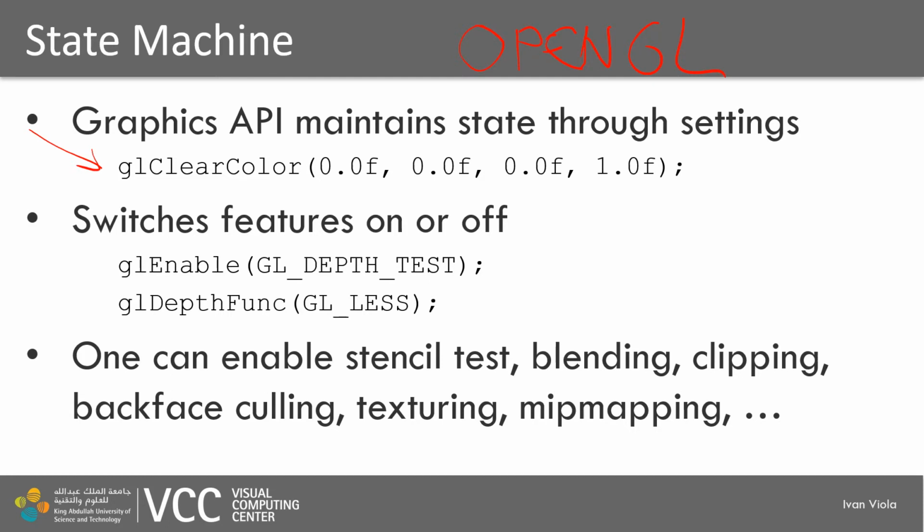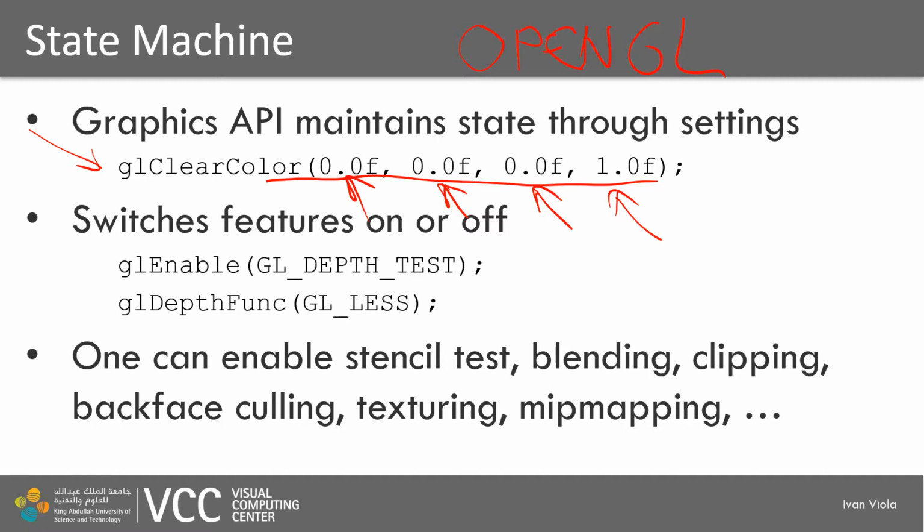The color can be set, it's not automatically black, but here we are setting it to a black color where the R, G, B, and alpha are set. So this value is set, and when we are clearing our buffers, then always this color will be used, unless we set the color to something else.